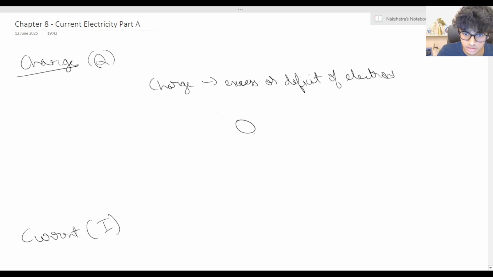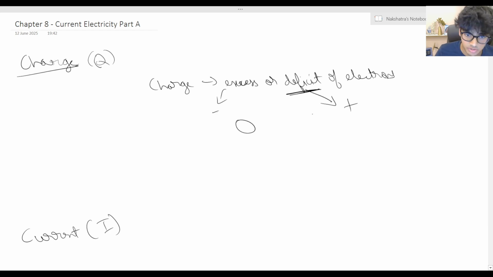It's completely stable right now, so the charge of this is 0. When you take electrons out from this, it gains a positive charge. When you give this electrons, it gets a negative charge.